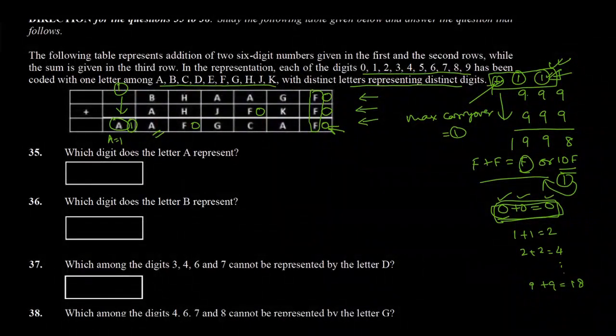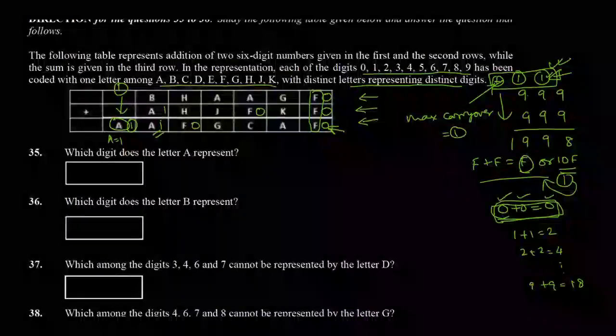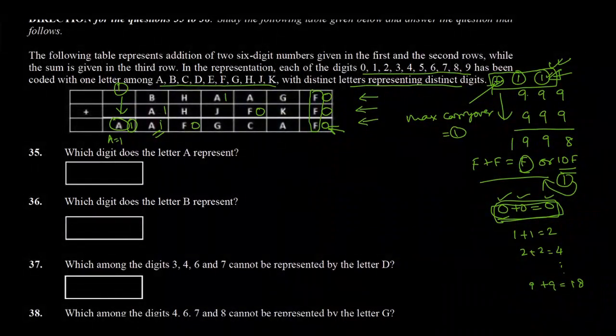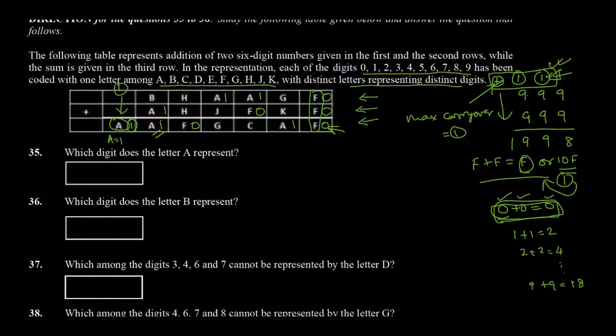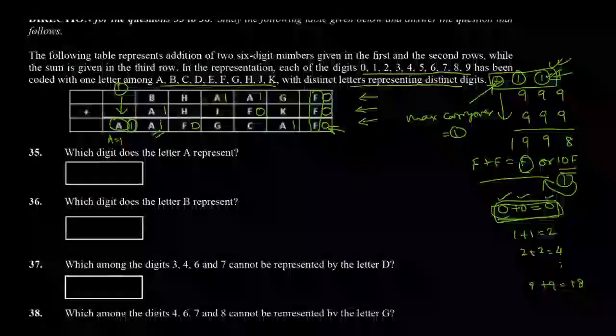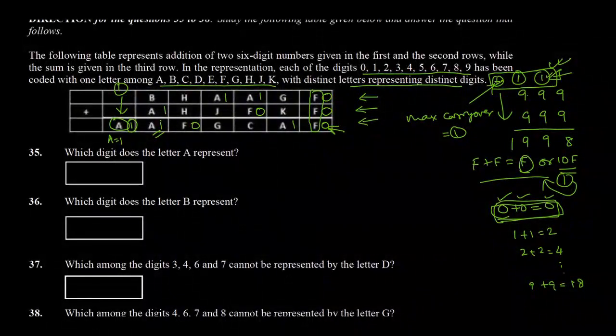So this is 1, this is 1, this is 1, this is 1, this is 1, and this is 1. So we got the value of A and F now. Now let's see what we are left with. So we are left with B.